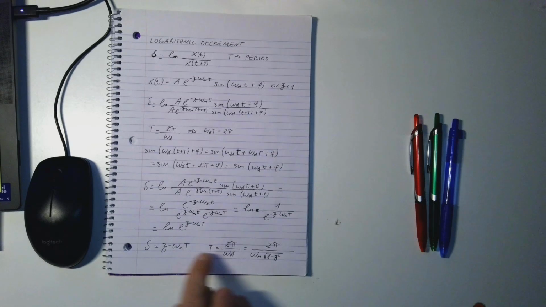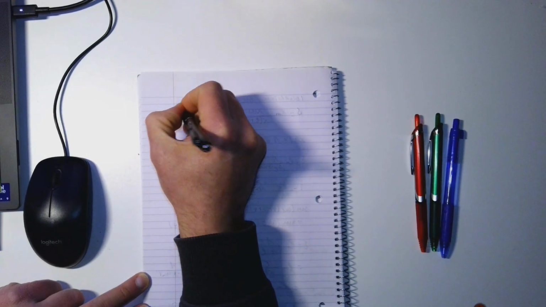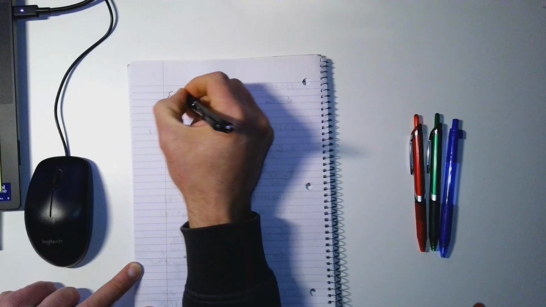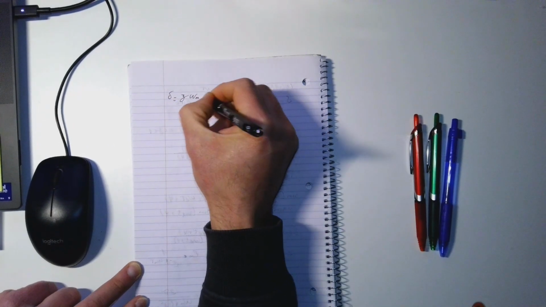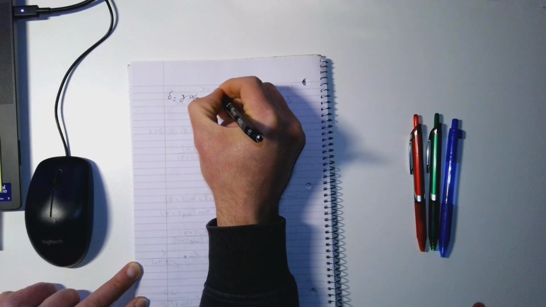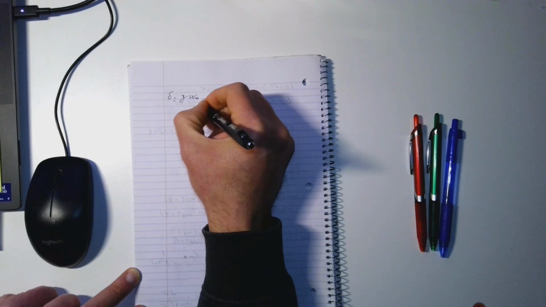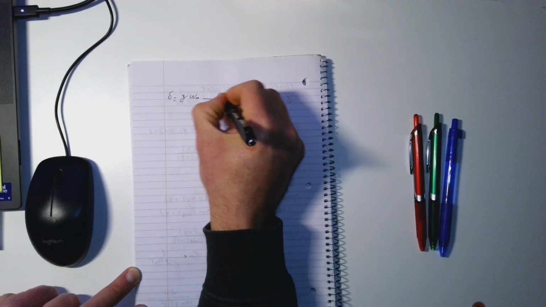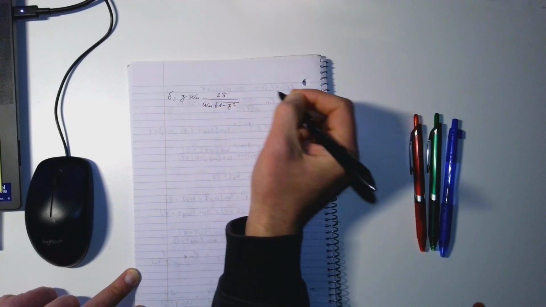So when we plug this expression here, we have that delta will be equal to zeta omega n multiplied by what we just found for the period, so 2 pi over omega n square root of 1 minus zeta squared.